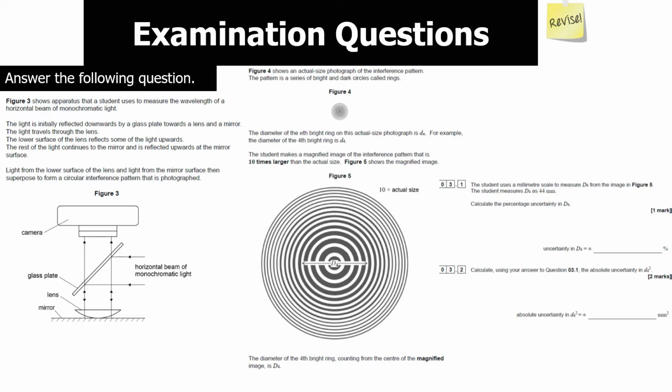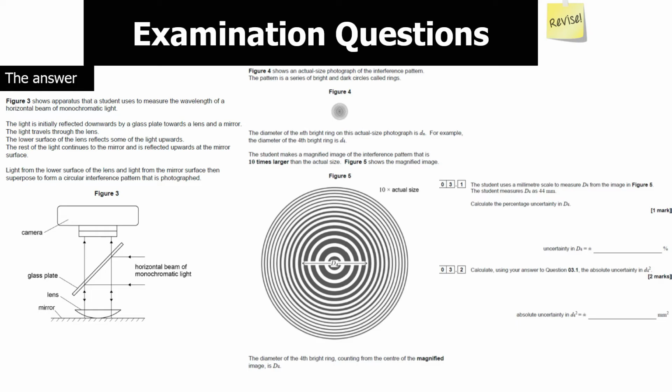So the student uses a millimeter scale to measure d4 from the image. The student measures d4 as 44 millimeters. Calculate the percentage uncertainty in d4, then calculate, using your answer to the previous question, the absolute uncertainty in d4 squared. So pause the video now, then unpause the video when you want to go through your answer.